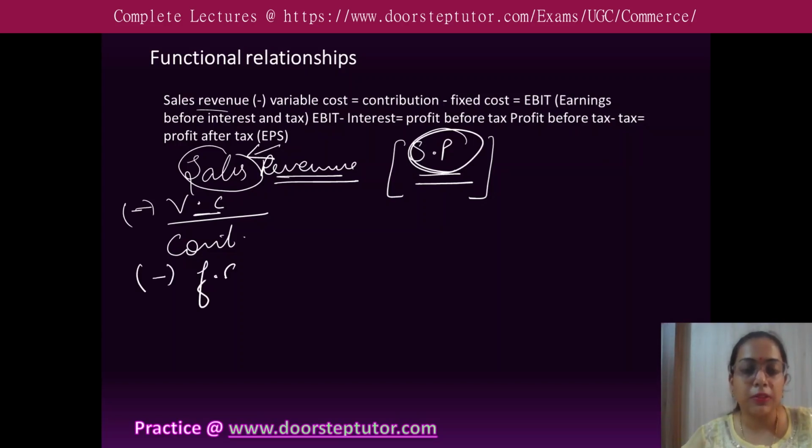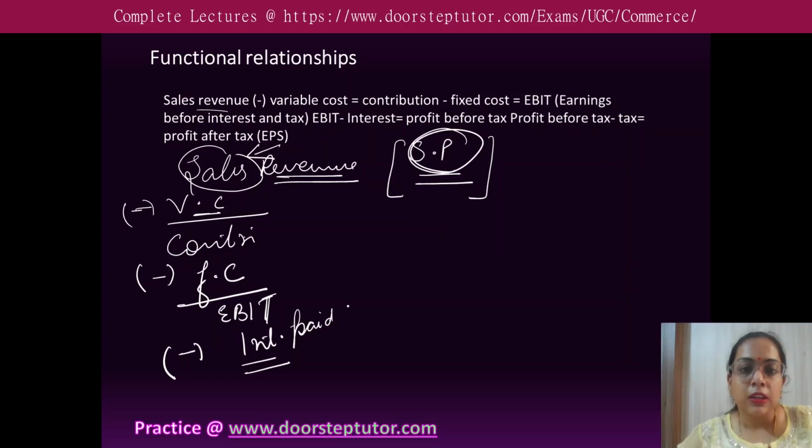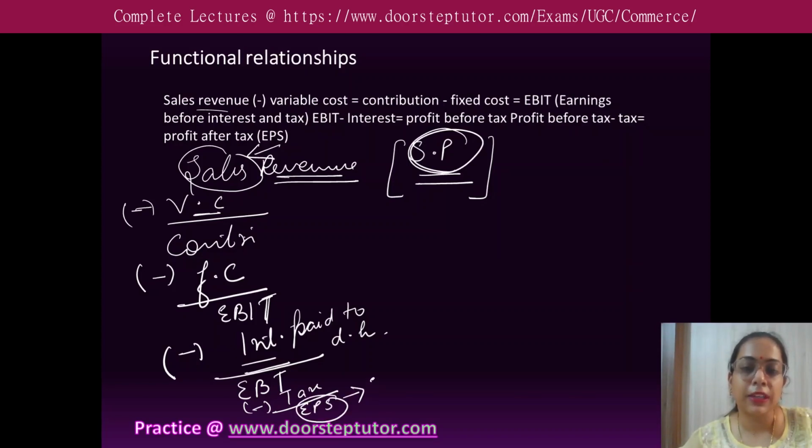If we minus fixed cost from our contribution, we get earnings before interest and tax. If we minus interest, which is interest paid to debenture holders, we come to earnings before tax, and if we deduct tax out of it, we get earnings per share. This earning is distributed to the equity shareholders, the owners.